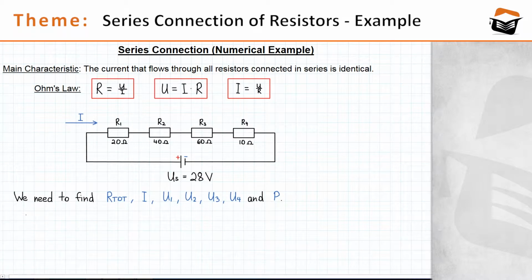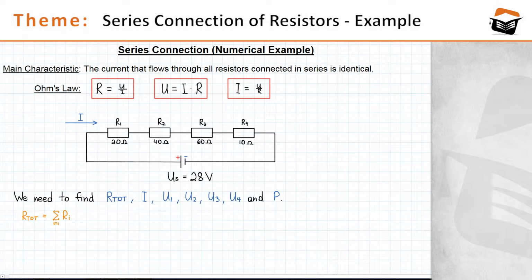As you have learned in the previous video, the total resistance in a series connection is equal to the sum of all individual resistances. So R tot is equal to the sum of all Ri's in the series connection.